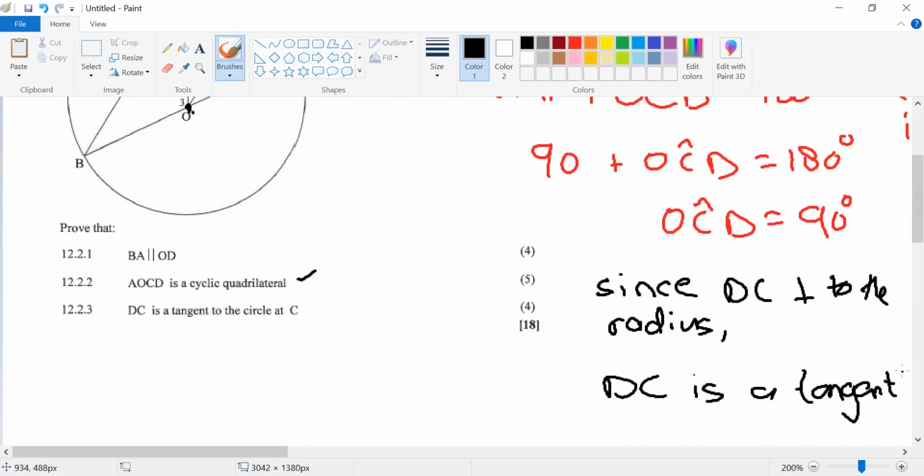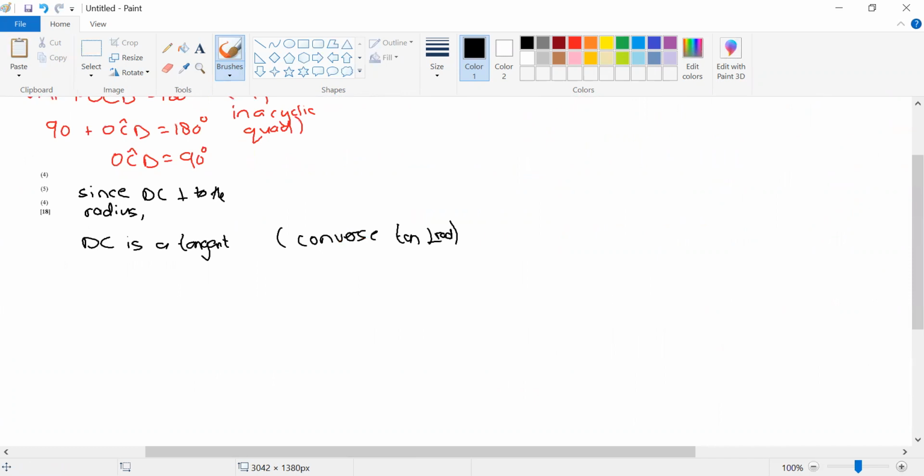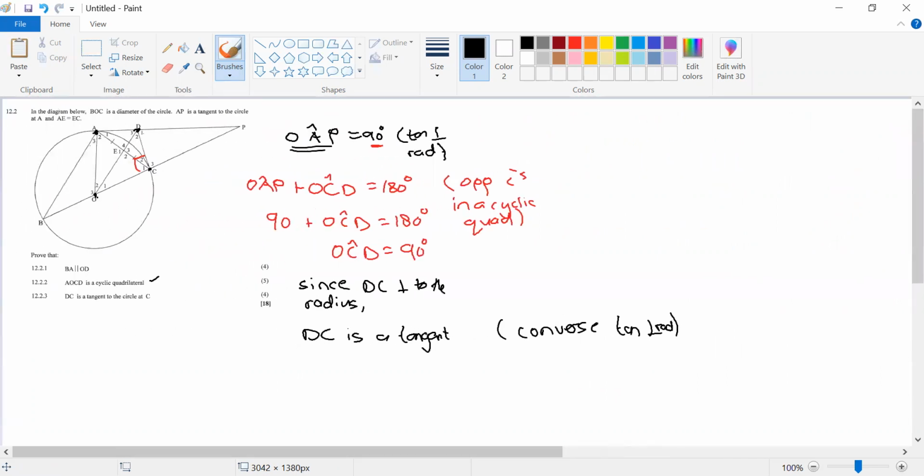And the reason for this is the converse theorem of tangent perpendicular to radius.